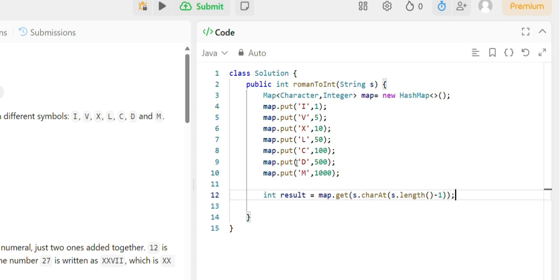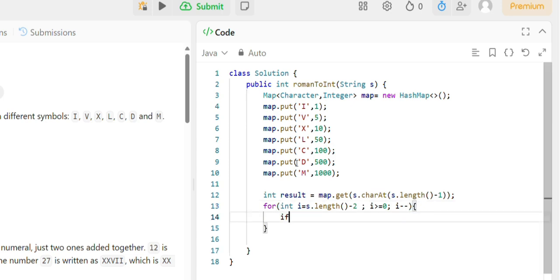Now my looping should start from the last to the second value. My loop variable i should start from s.length minus 2, and i should be greater than or equal to 0, because it's right to left. I need to use the decrement operator, i minus minus.